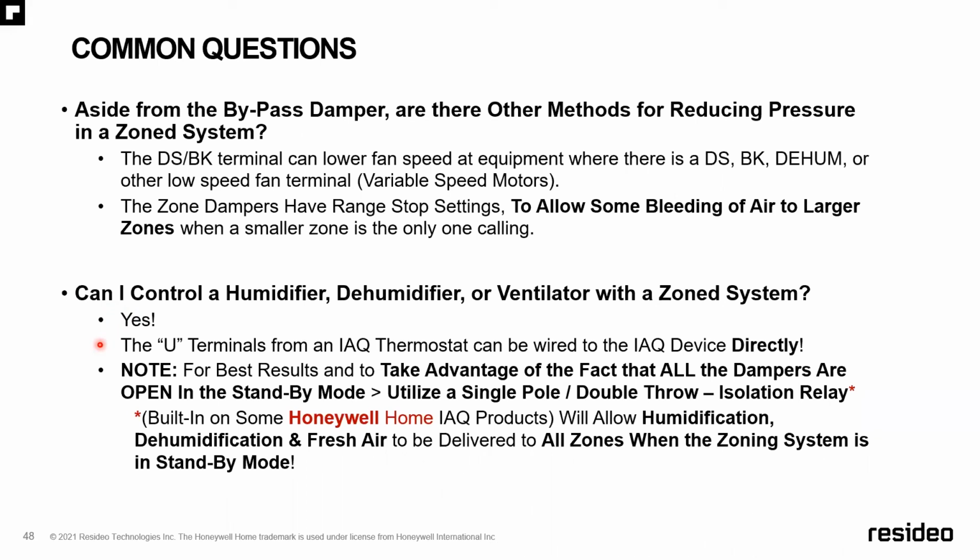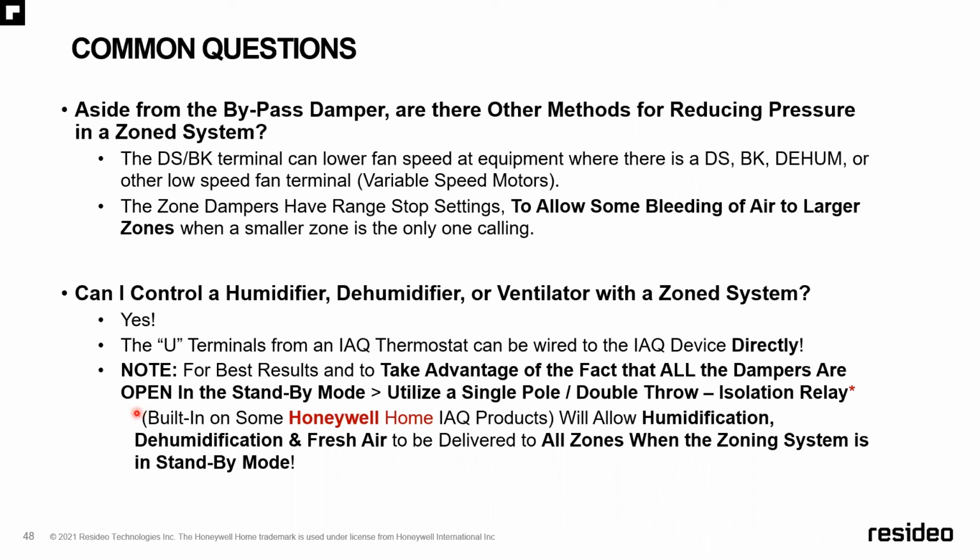or fresh air ventilator. So when you recognize that our zone dampers are designed to be spring open, what this allows you to do is to route the G circuit through a single pole double throw isolation relay. And please note that many of our pieces of equipment have that already built into them.